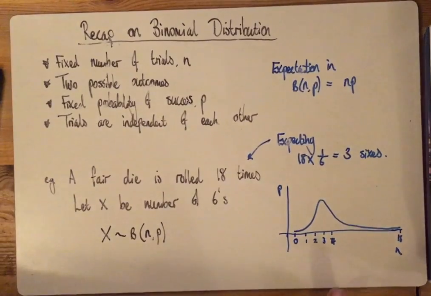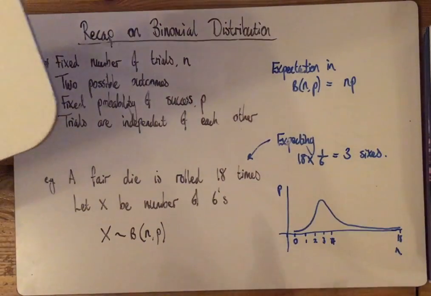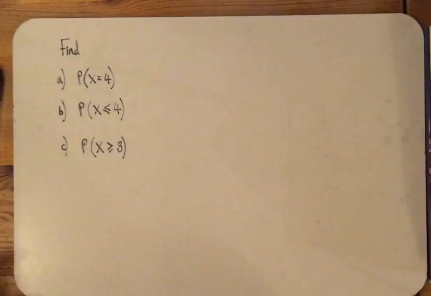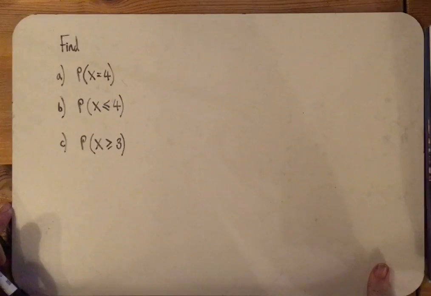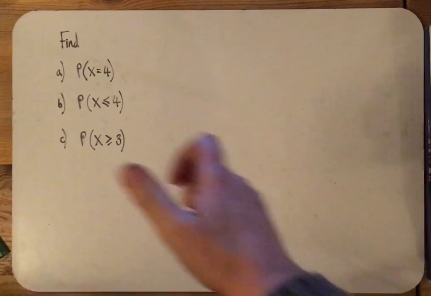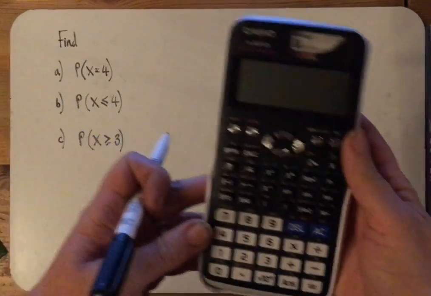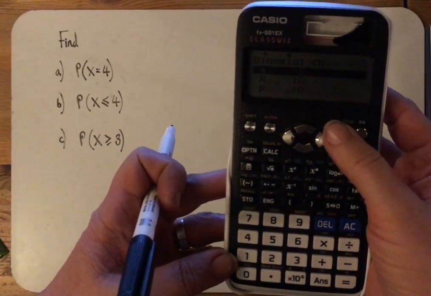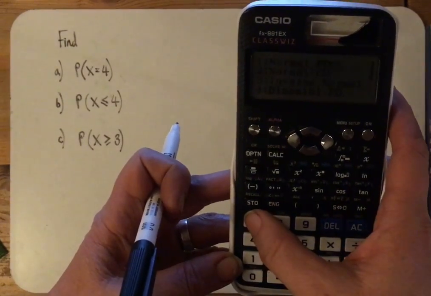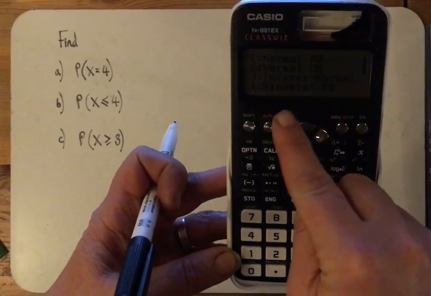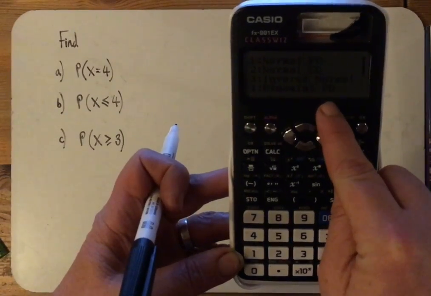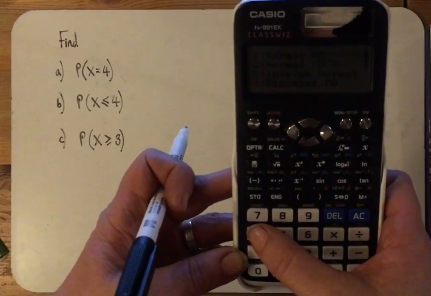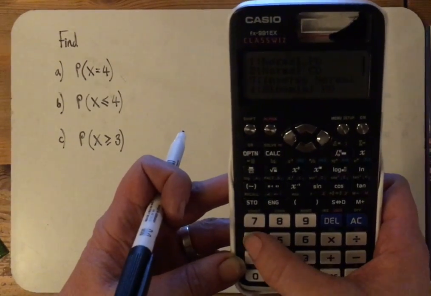So using your calculator, we can find the probability that x equals 4. This is okay because it's a discrete distribution. Just to remind you from your calculators, I'm sorry this is going to be dark again, but hopefully it's enough. You go to menu, turn it on first, menu, it's option 7 again. This time we want binomial PD for x equals 4, so it's option 4. It might be good for you to do this at the same time so you can see what's going on.